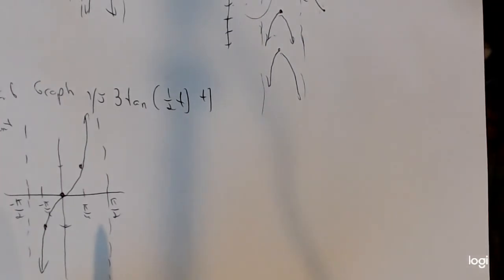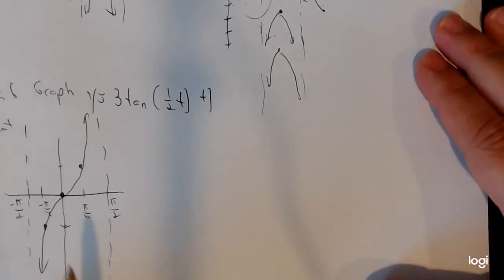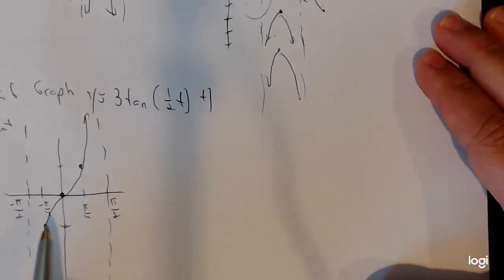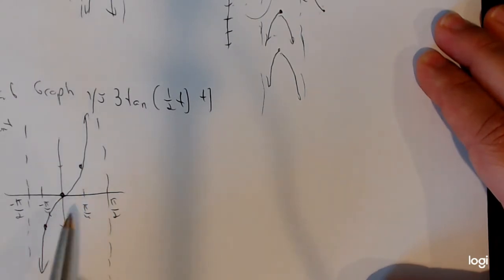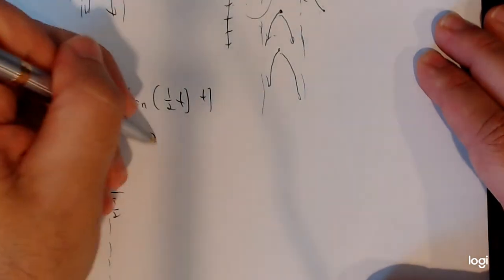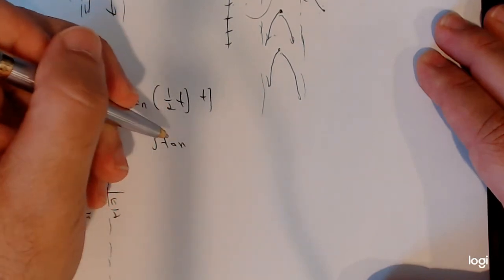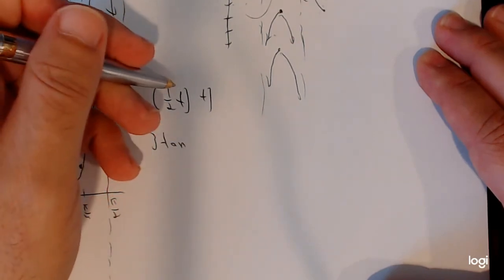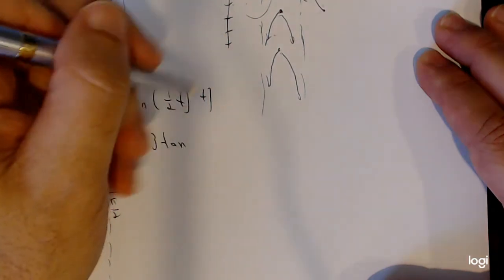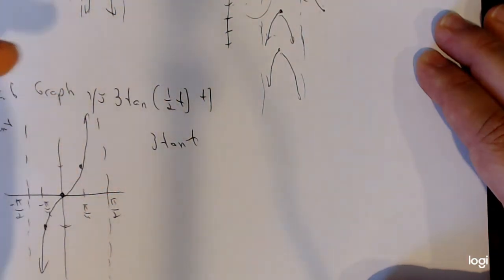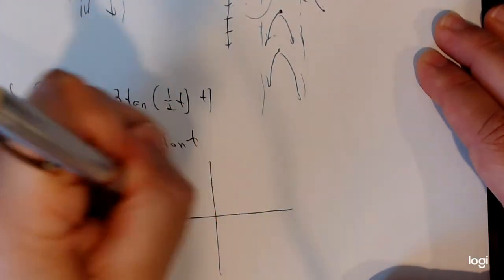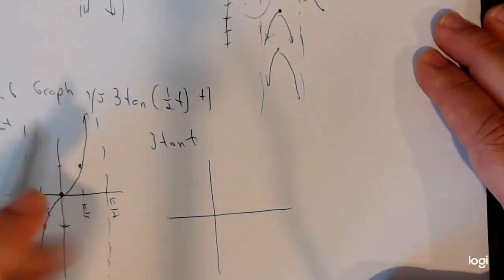So then, if we look at this, we have the 3 tangent of t, which is saying just multiply all your y values by 3.